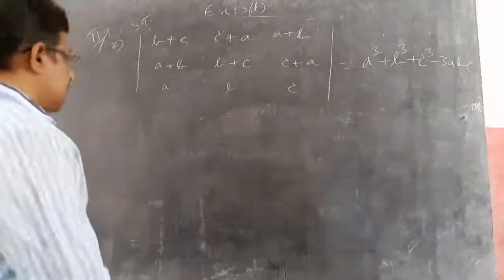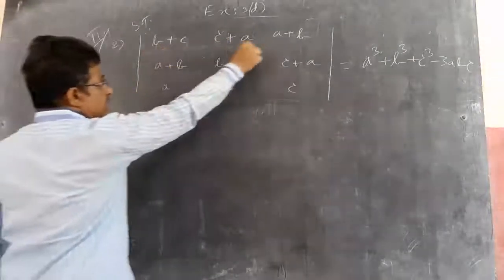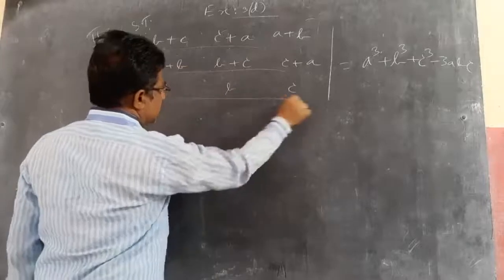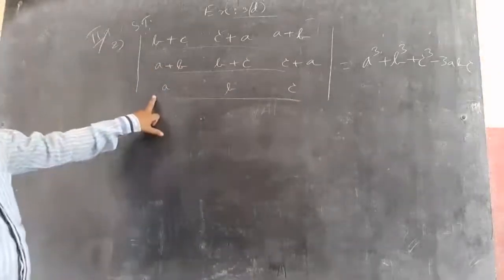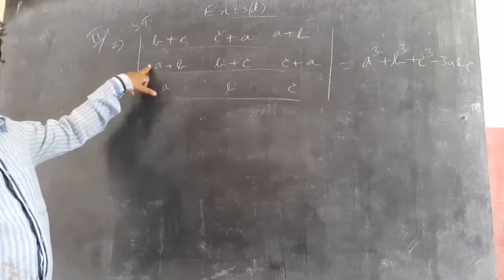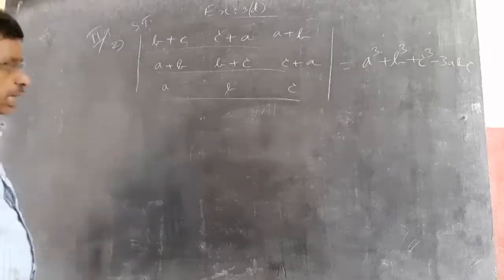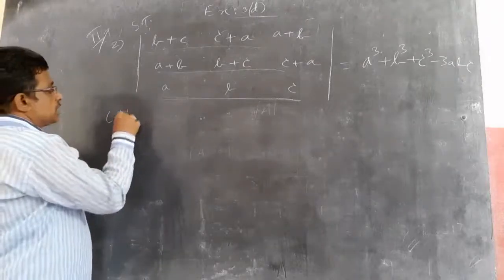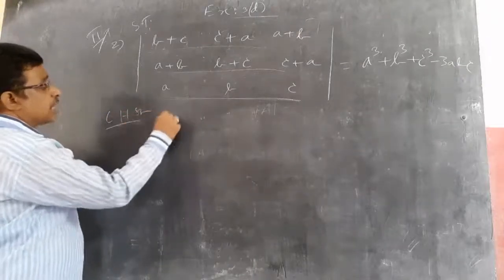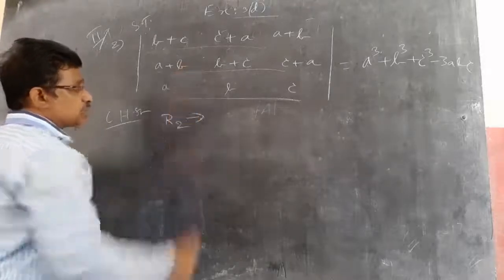So using that, this is R1, this is R2, this is R3. I will multiply this R3 with minus 1, then add it to the second row, so that the determinant is unaltered. So I will take the second row and make changes to it.